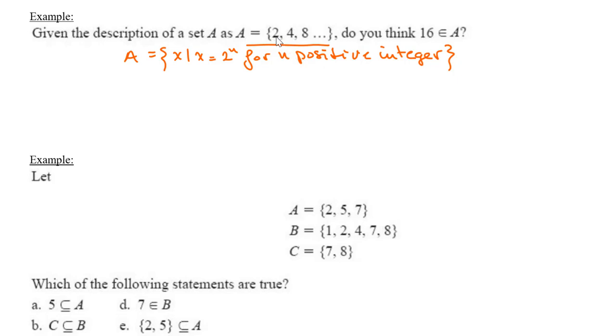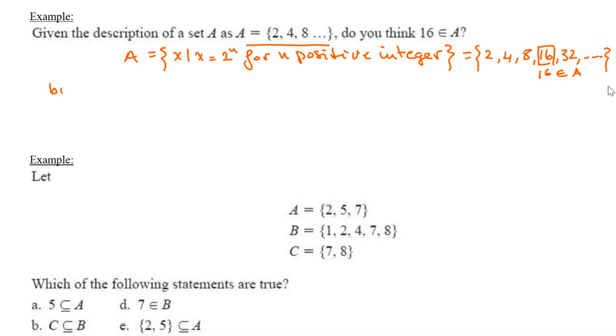So if I want to continue, it looks like this. 2 to the power of 1 is 2, 2 to the power of 2 is 4, 2 to the power of 3 is 8, 2 to the power of 4 is 16, and 2 to the power of 5 is 32, and so on. So in this example, 16 is an element of A.